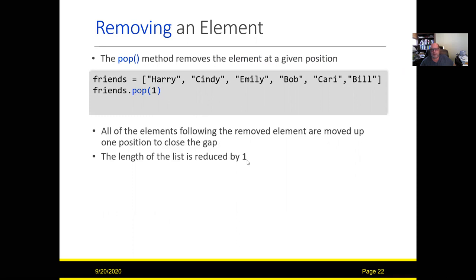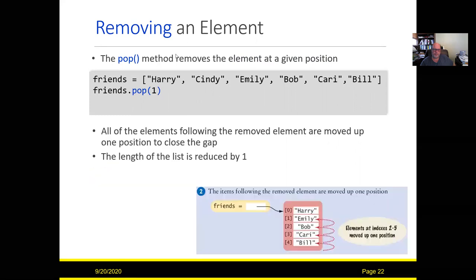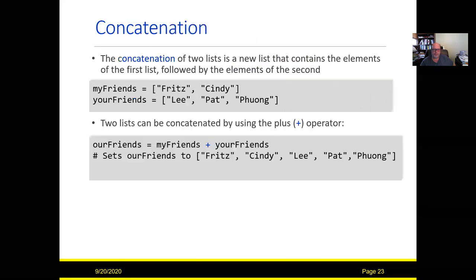And of course, the length of the list is going to be reduced by 1. So it does a lot of things in the background, so we don't have to worry about it.